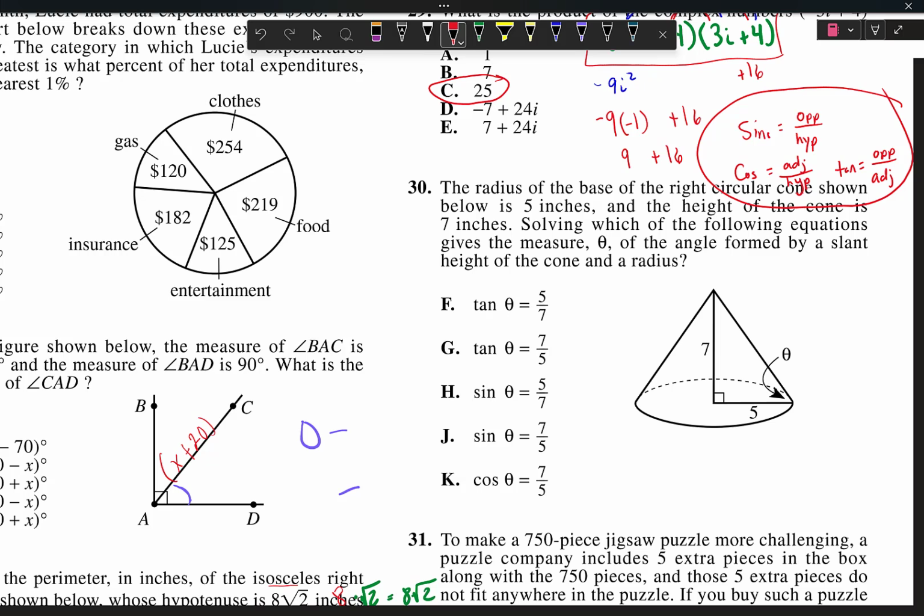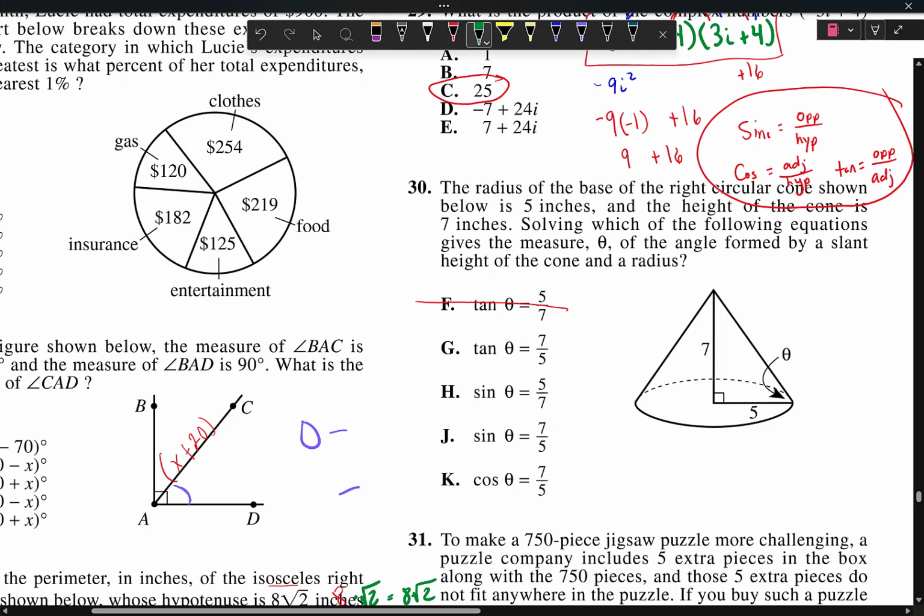So let's just go through one choice at a time. Choice F, saying the tangent of theta is 5 over 7. So this needs to be tangent is opposite over adjacent. We see quickly 7 is the opposite side, so they have this fraction reversed. So it's not F. G, this may be it.